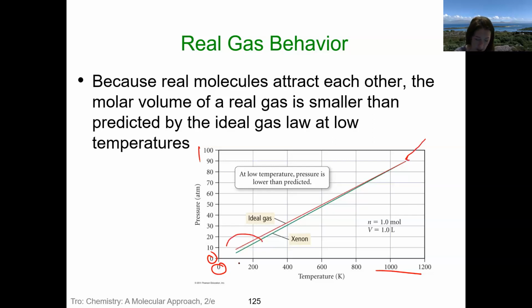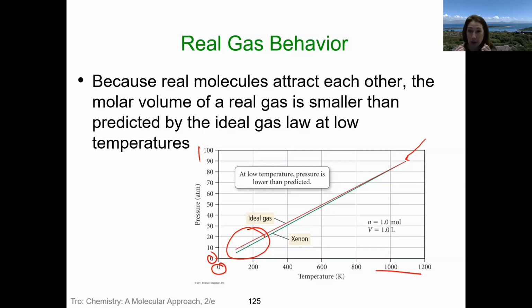But when we get down here to lower temperatures, it's not so exact, because molecules at lower temperatures actually attract each other. When gas molecules are moving super fast by each other, if this one's slightly negative or this one's slightly positive, or if they're both nonpolar, they have intermolecular forces, but they're moving so fast they don't have time to attract. If they're moving slower, they have time to attract. And so there are actually attractions.